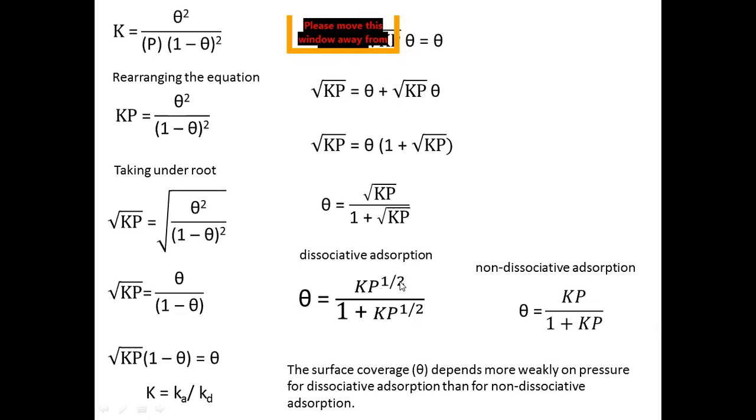So if the power is half, that means the surface coverage, that is theta, depends more weakly on the pressure in case of the dissociative adsorption as compared to the non-dissociative adsorption. So this is the comparison between these two equations.